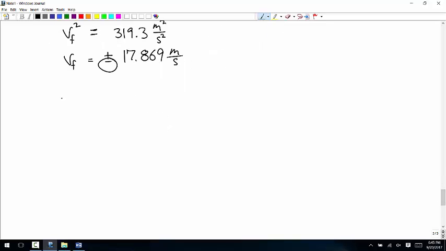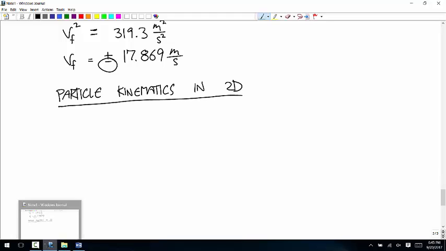Okay, so now we're going on to particle kinematics in 2D. Okay, so just a reminder of what all this stuff is.